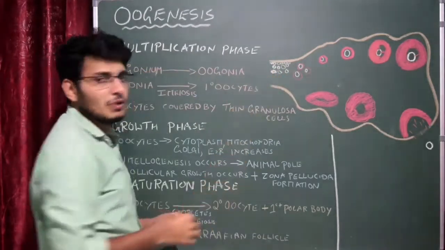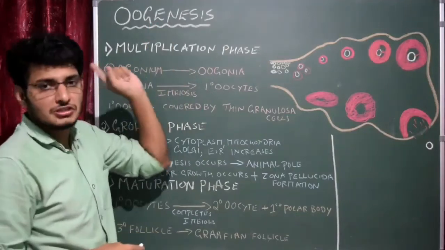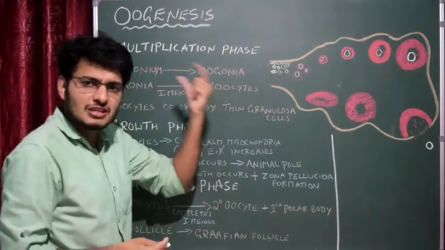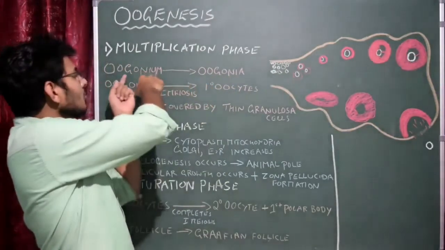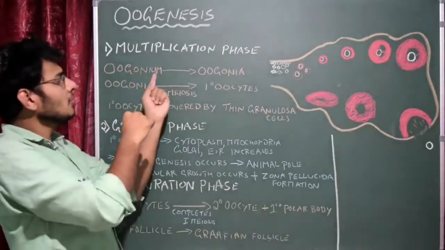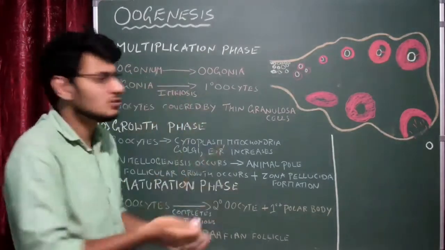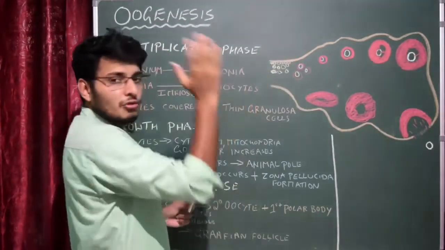This oogonium now undergoes a multiplication phase. This is the first phase of oogenesis. As a result, thousands of the same cells, oogonia, are produced. Several thousands of oogonia undergo multiplication and produce, let us say, millions of oogonia cells within this ovary before the birth.